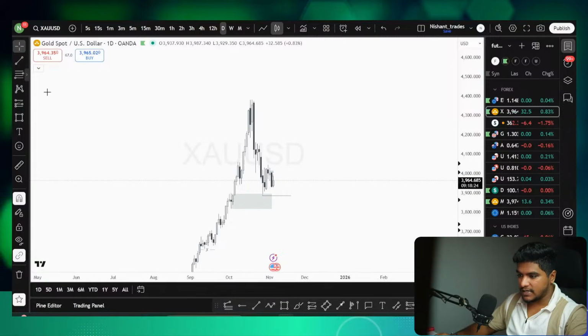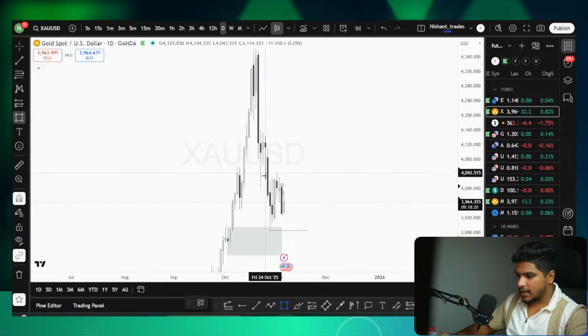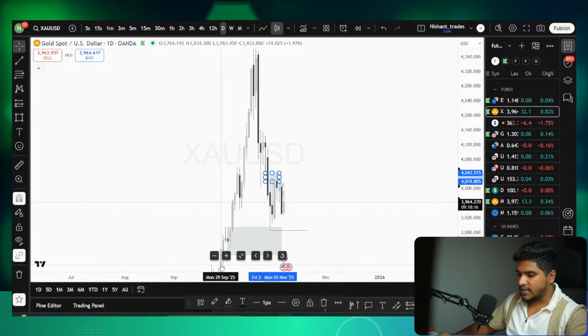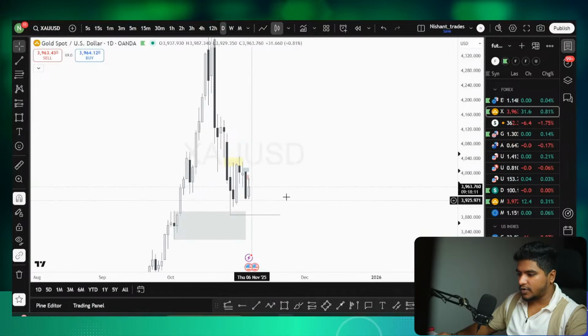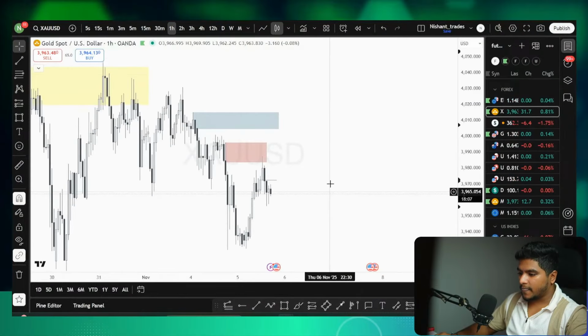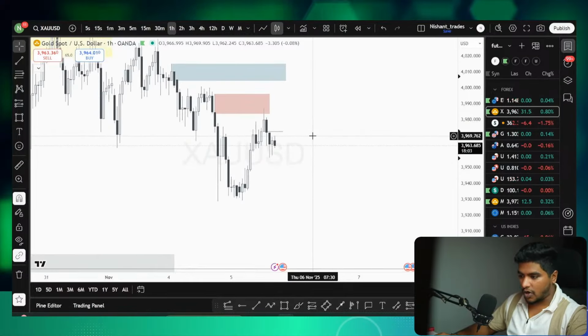Here we had this level of inefficiency, and just above that we have a supply. Price has filled this inefficiency, and after filling it, price continued to push down lower. Right now prices are at a premium area and we might look for possible shorts from here.